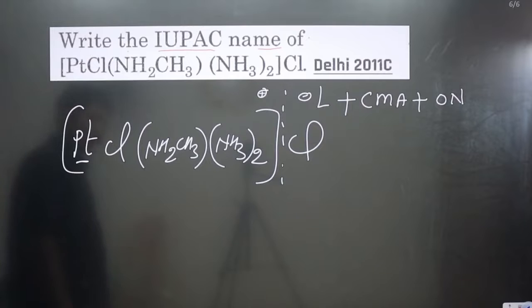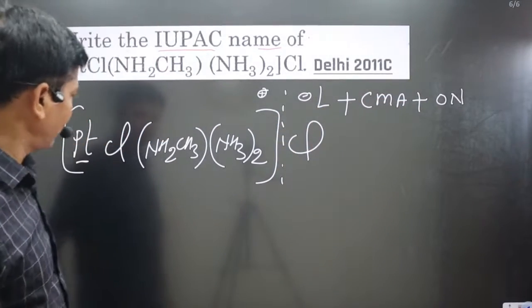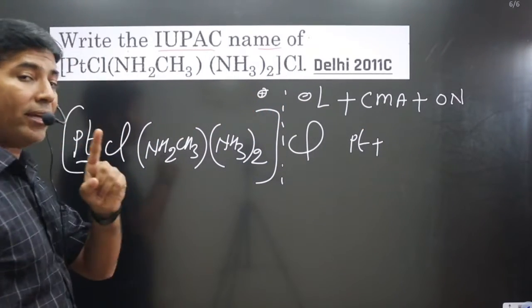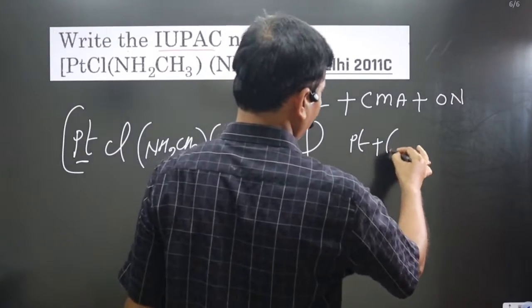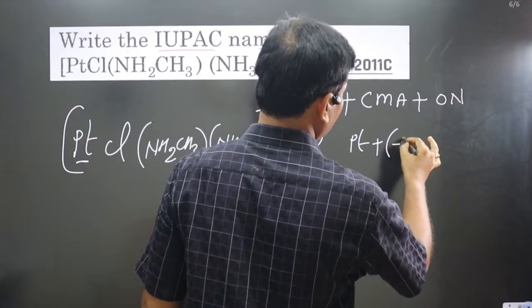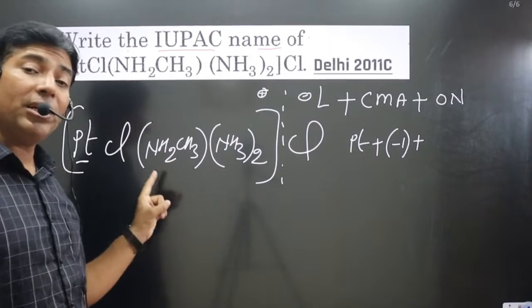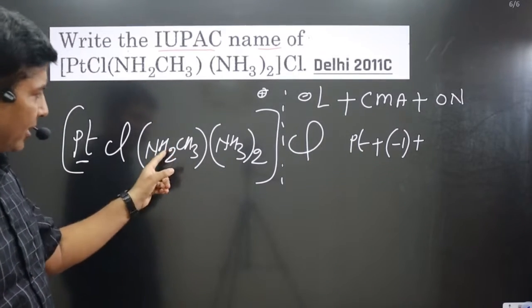Very clear? Next we calculate the oxidation number of the central metal atom. Let's calculate. Platinum, plus chloride, which carries a -1 charge. This is a neutral ligand, it carries 0 charge.